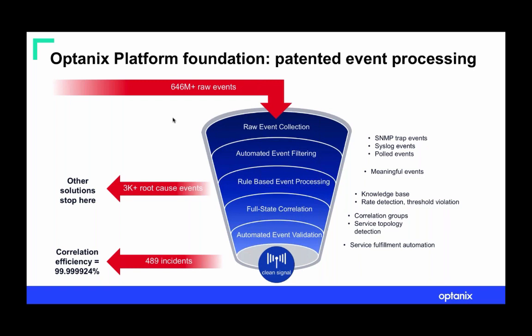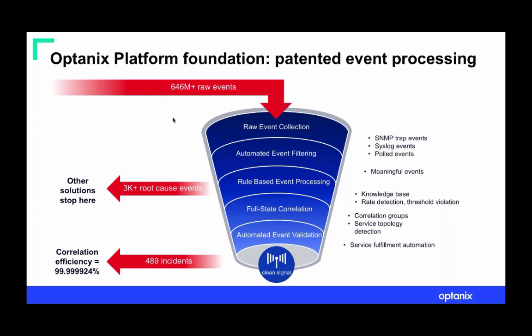We take a snapshot of the state of the customer's infrastructure and look for things that have changed. We compare the events to the snapshot, look for deltas between the two, and then use correlation to work out the consequence of those changes.